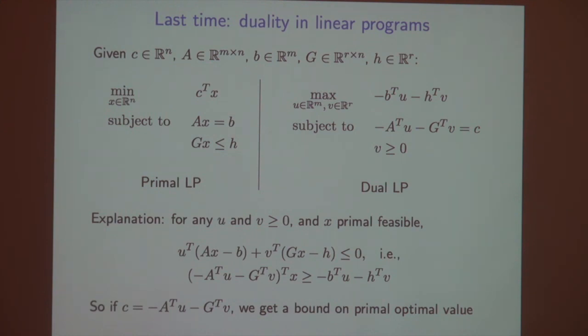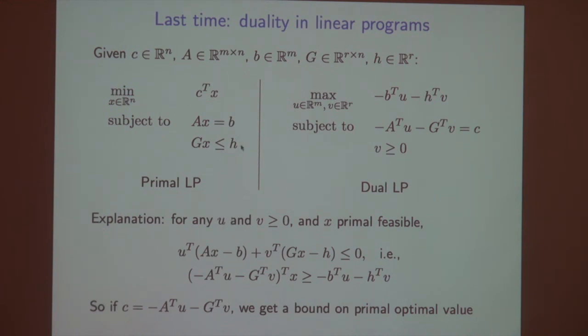Well, we had the following explanation. If I define a variable, which we called the dual variable u, over the equality constraints, and if there were m equality constraints, if A had m rows, a_i transpose x equals b_i for i going from 1 through m, we defined a dual variable u_i for each of those equalities. So u is m-dimensional.